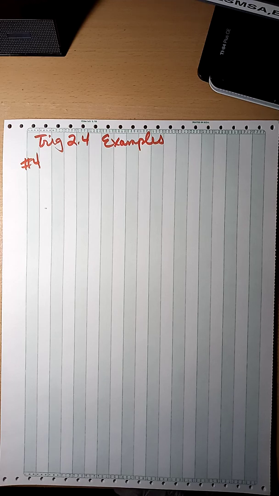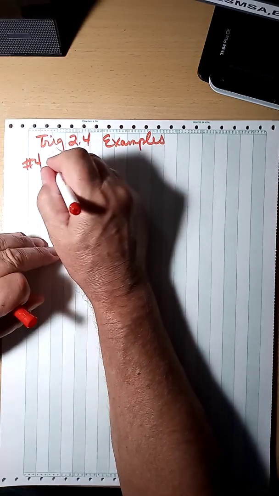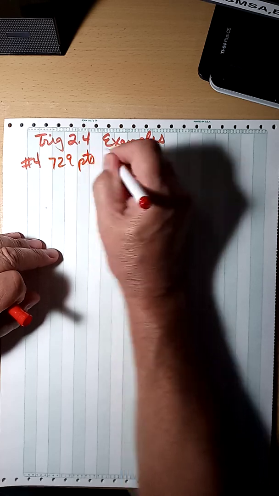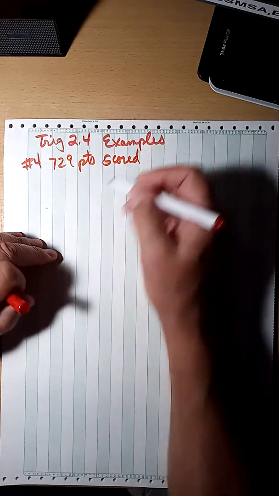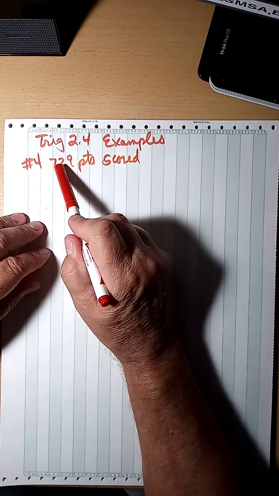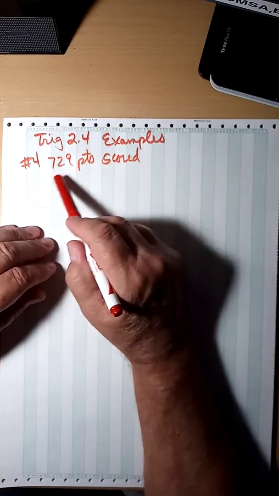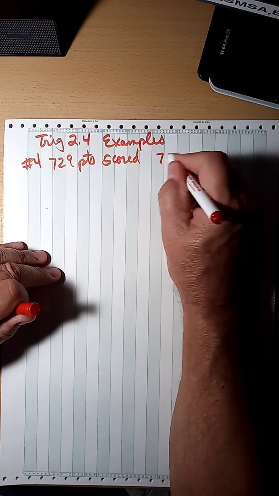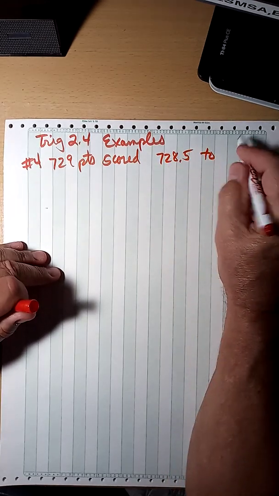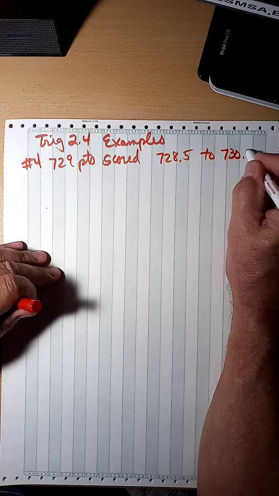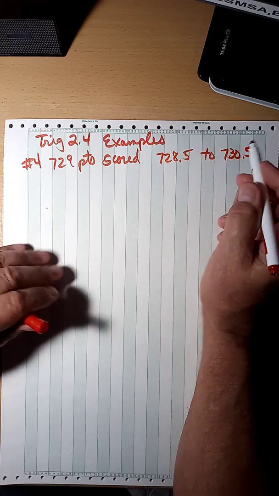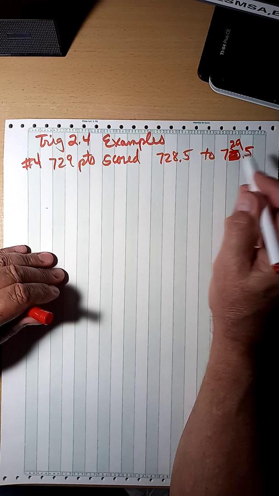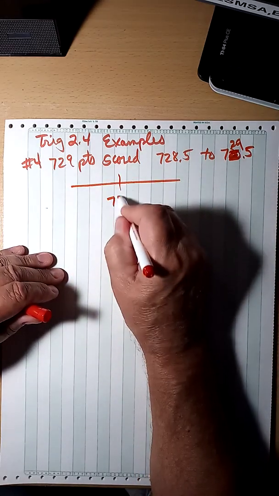Question: is it appropriate to consider this number between 728.5 and 729.5? Why or why not? So 729 points scored, but if we're scoring whole points, shouldn't we then measure this between 728.5 and 729.5? Shouldn't it be those half units?